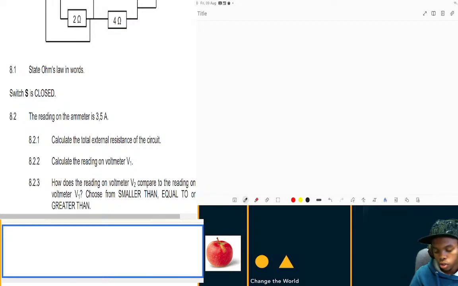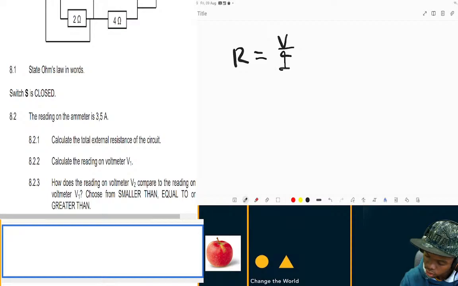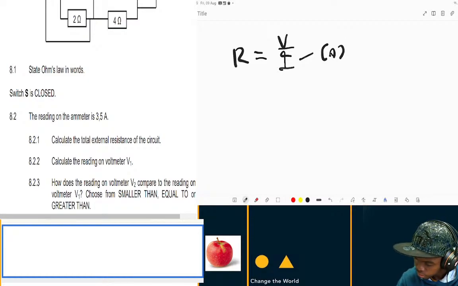But what I need to explain is this. We'll start by looking at the formula I is equal to V over R, and with our current, which is measured in amperes, there are certain things we should know about it.